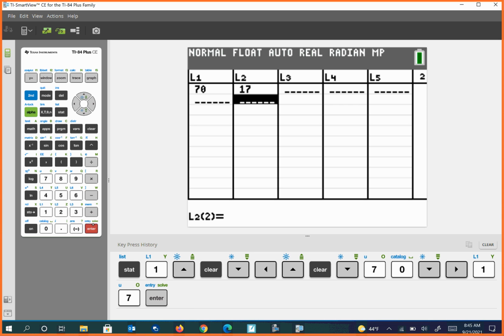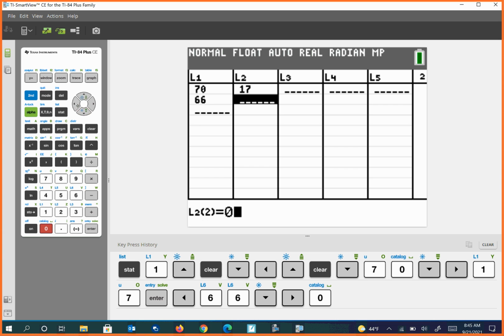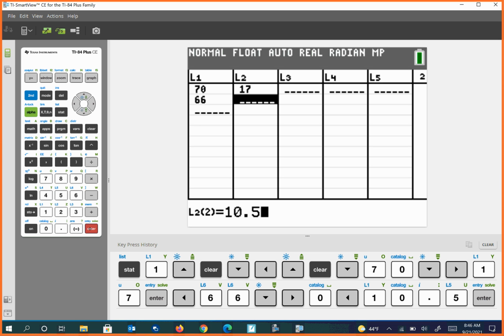Good enough? I don't know how many inches. 5, 6. 66, sorry. 66. And what's your shoe size? 10 and a half. 10.5, okay. That works.